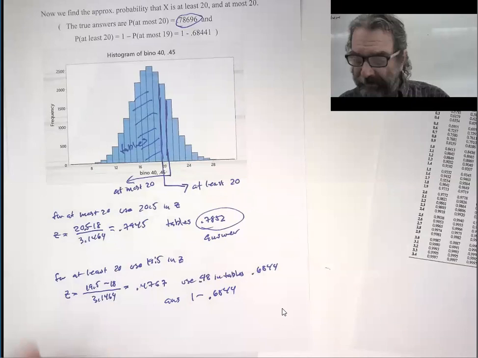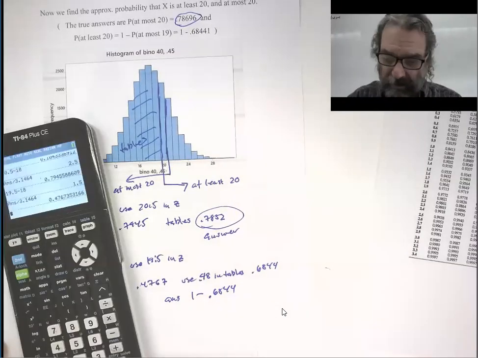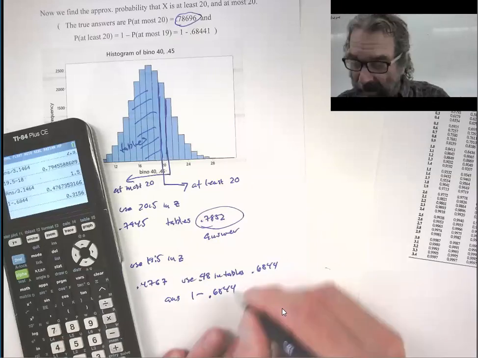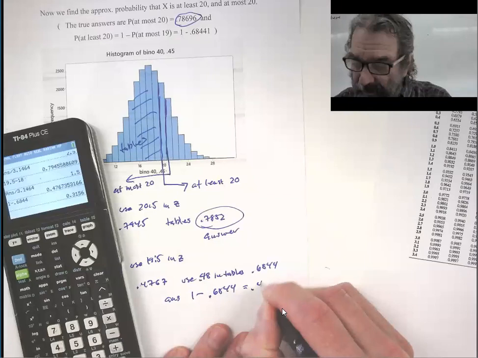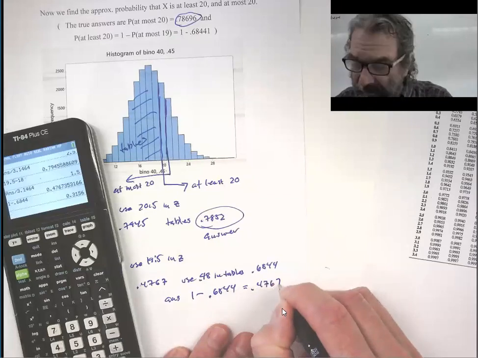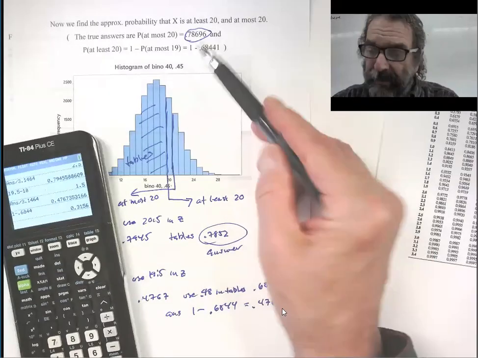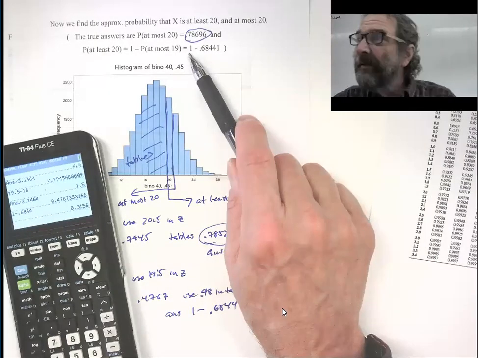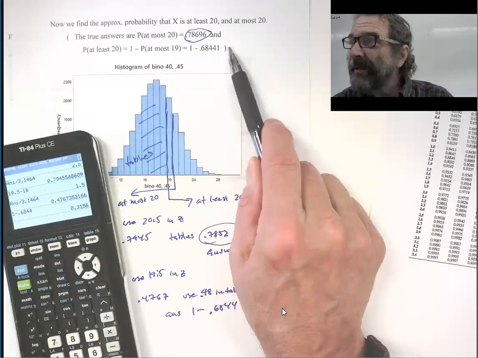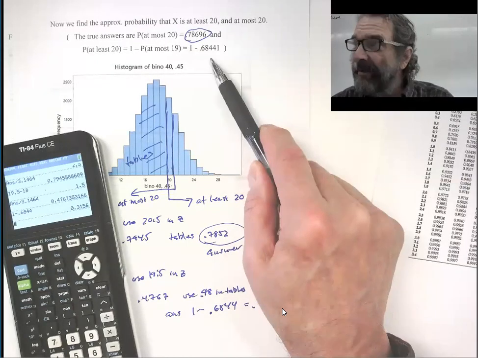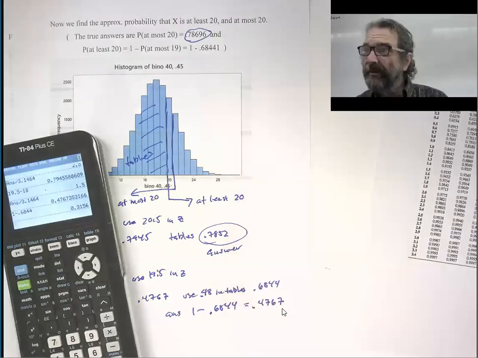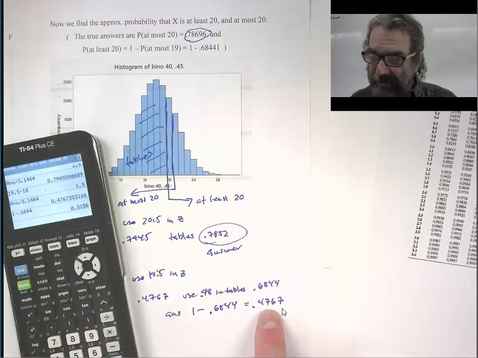And I get 0.4767. And up here, here's what happened with the true answer. The real answer is really close to the number we got. We got 0.6844. It was 0.68441. Nice. So this answer and the theoretical answer match quite closely.